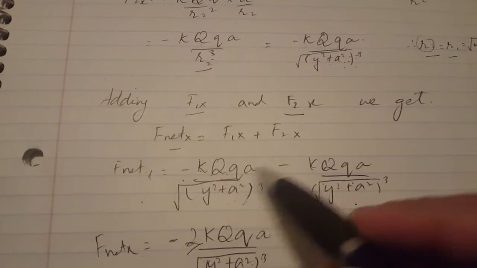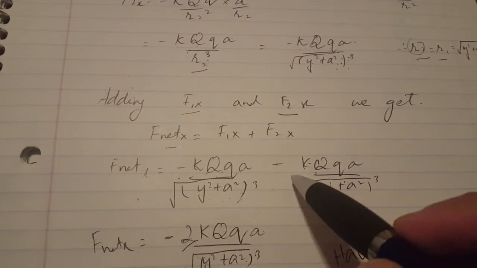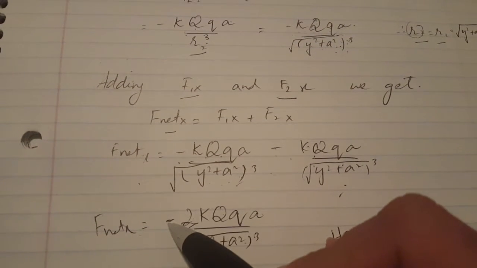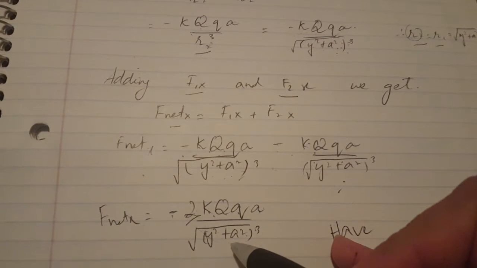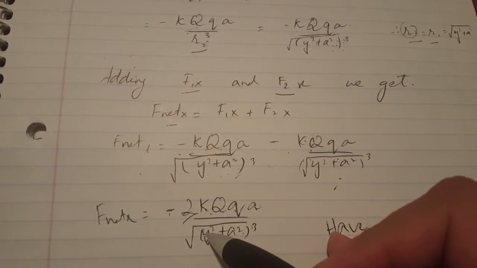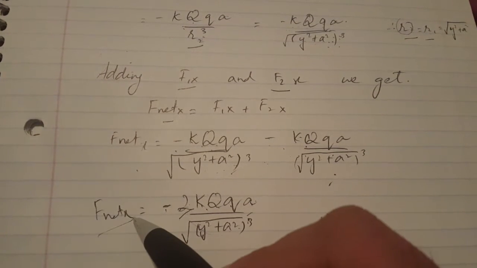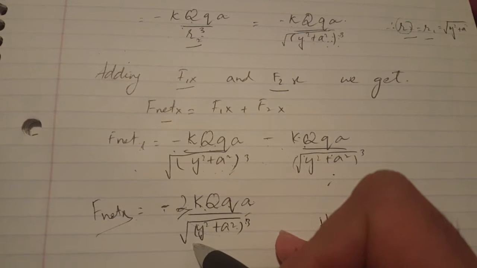Since these are both alike and both have a negative sign, they will be summed, and we'll get negative 2k capital Q small q a over the square root of y squared plus a squared, cubed. This is our equation, and we can find F net x using it.